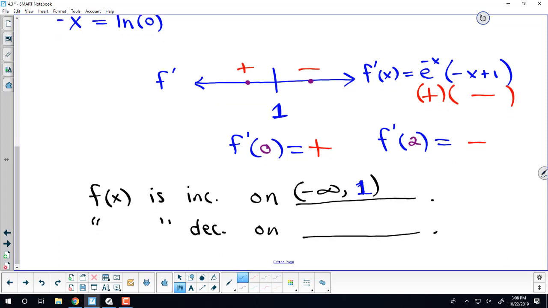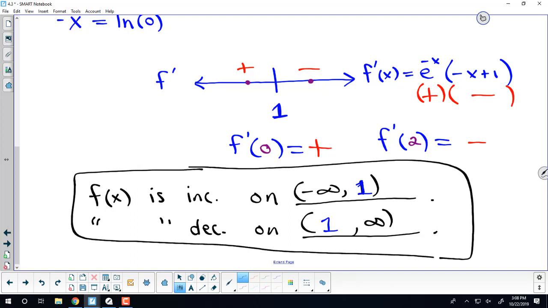And then decreasing from 1 to infinity. Box that in. Okay. Anybody have any questions on that?